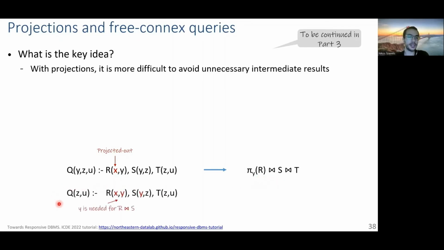But now if we look at another query which has the same joins but also projects out the column Y, we can see that we can't do the same trick again because Y is needed for the join between R and S. So we can apply it only after we join R and S, which can take quadratic time.